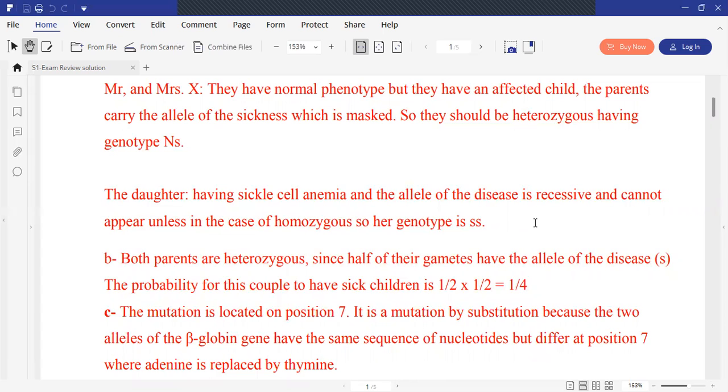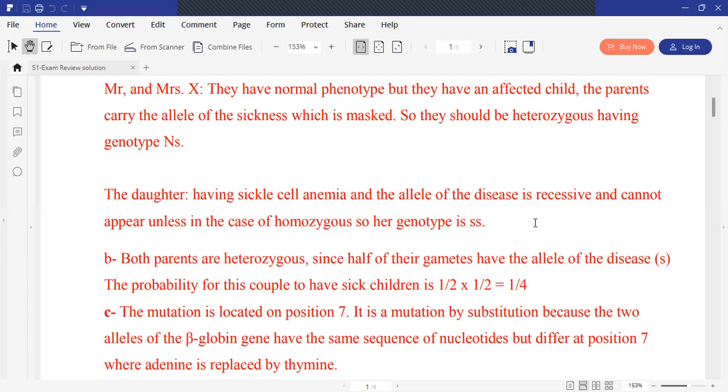These copies are separated into two lots, and each lot is placed in a different radioactive probe. Document 3: each probe is capable of binding with either the HbA or HbS allele. The results are shown in document 4. So here we have document 2 showing the position of the nucleotide for HbA and HbS.